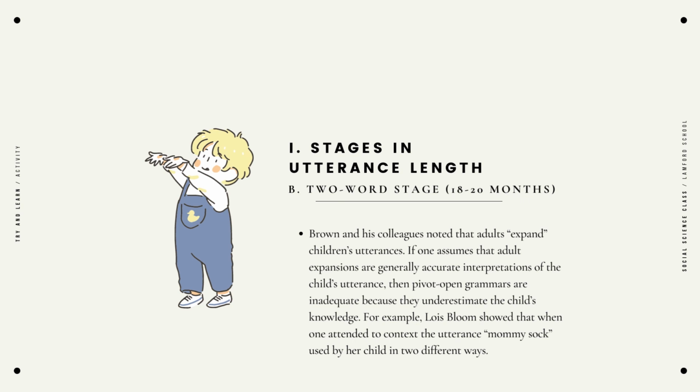For example, Lois Bloom showed that when one attended to context, the utterance "mommy sock" was used by her child in two different ways. When a child says "mommy sock," it might be that the child is asking his mother for the sock, or it could be that he is referring to a sock that his mother owned.